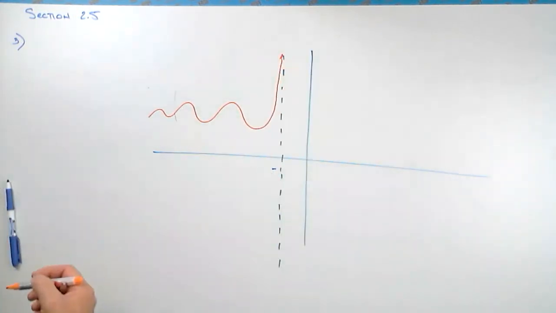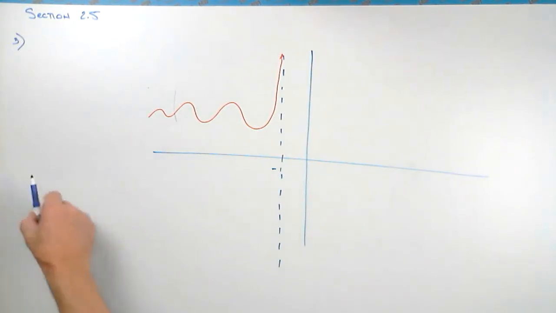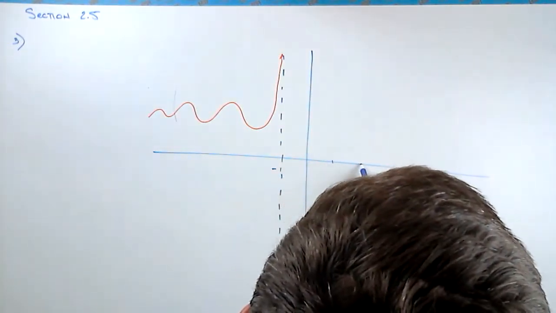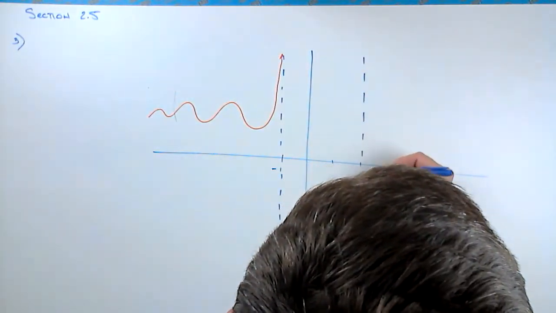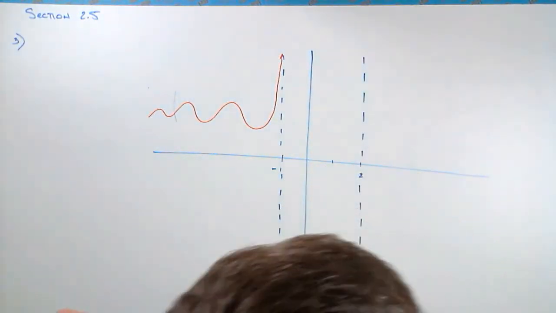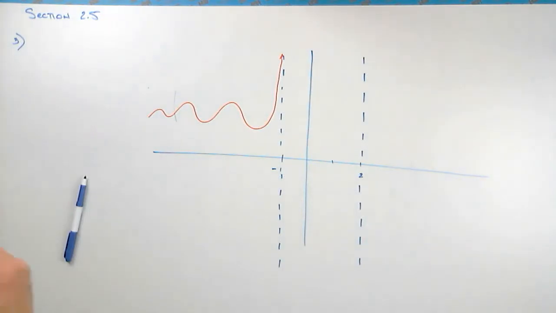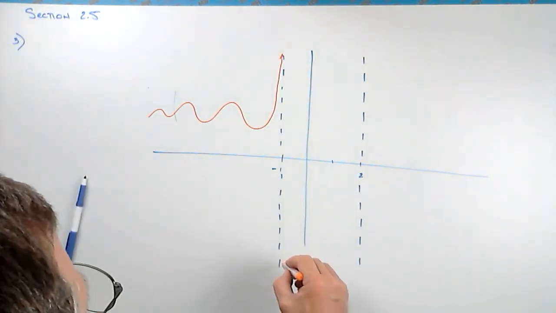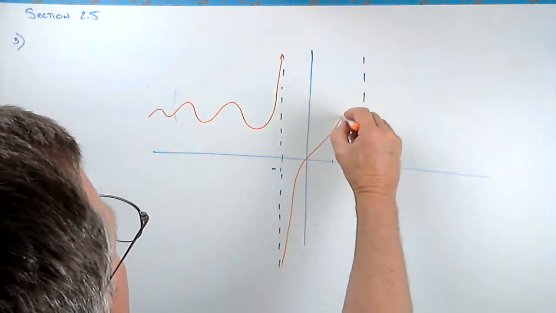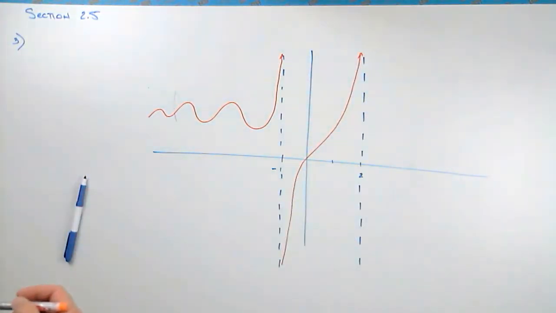Then it goes like this. On the other side, we have a vertical asymptote at 2. Such as that. And now our graph comes over here through the origin and up like this.